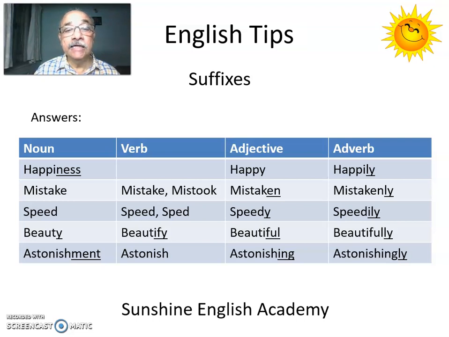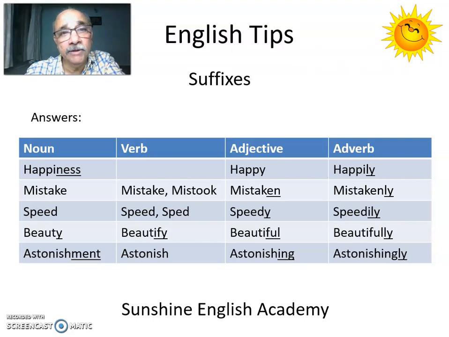And the word astonish, which is a verb, can become astonishment, which is a noun, astonishing, an adjective, and astonishingly is the adverb. So this is how you can improve your vocabulary by learning about suffixes.